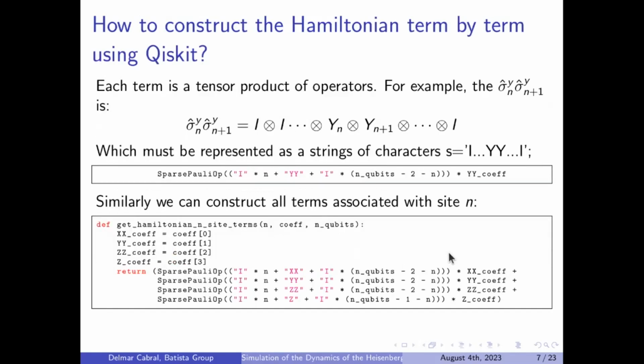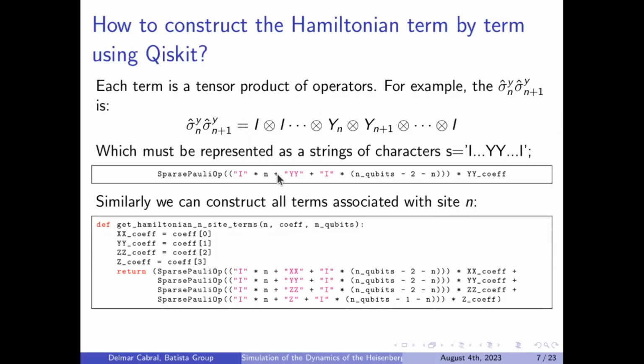To construct a Hamiltonian, we proceed by building it term by term. Take as an example this y term between site n and n plus 1. We're going to have a string of identity matrices, and the Y n and the Y n plus 1 terms on the associated sites. We take the outer product between all these matrices to obtain the overall operator affecting sites n and n plus 1.